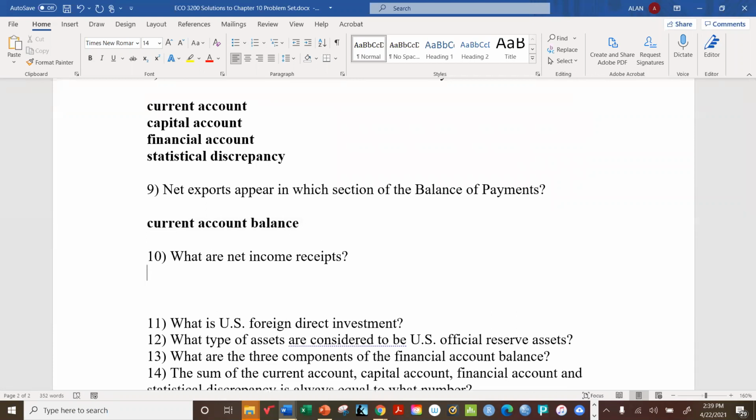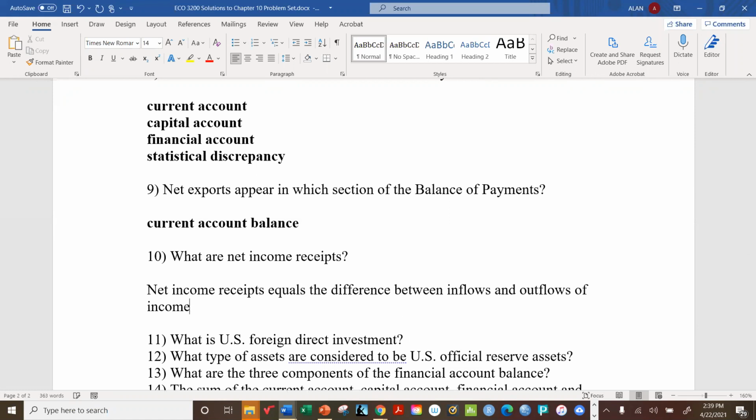Net income receipts, these are cash inflows. Let's put it this way. Net income receipts equal the difference between inflows and outflows of income receipts from the United States.